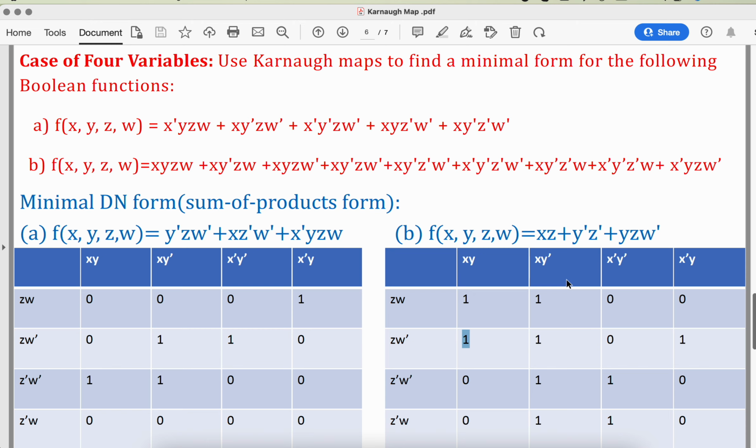So from this rectangle we got XZ, from this rectangle we got Y' Z', and from these two ones, because we can wrap them around, we got Y ZW'. So in this case we have 3 rectangles, and the whole expression is reduced to XZ + Y' Z' + Y Z W'.